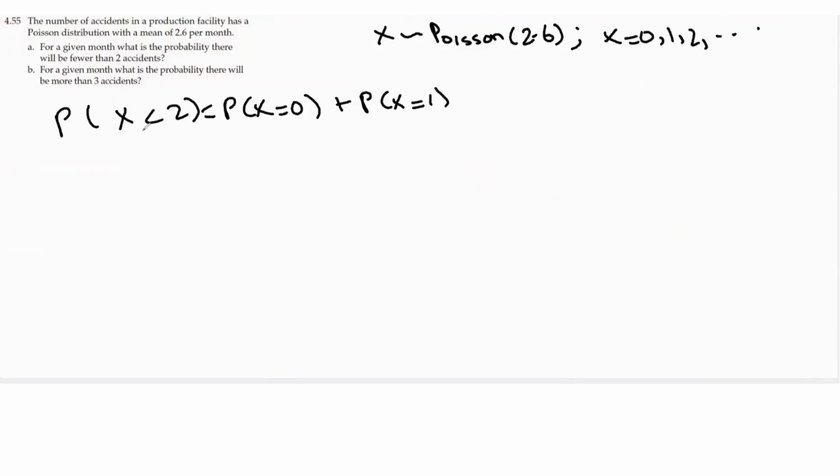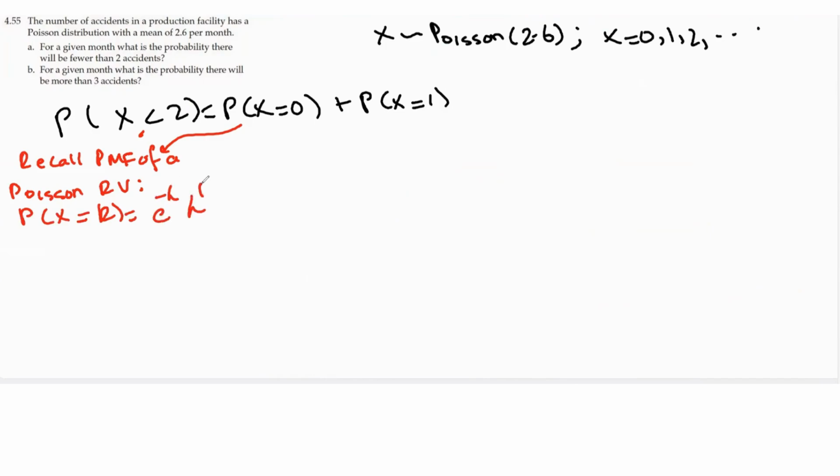So here, let's recall the PMF of a Poisson random variable. In general, the PMF is: probability x is k is e to the minus lambda, lambda to the power k, divided by k factorial. In this case, lambda is 2.6, because lambda is essentially the mean value of the Poisson random variable, which is its parameter.